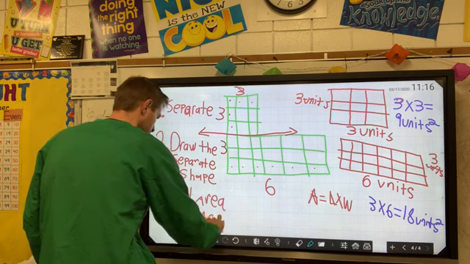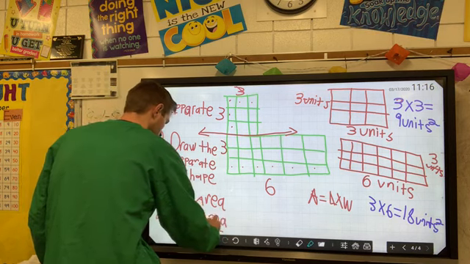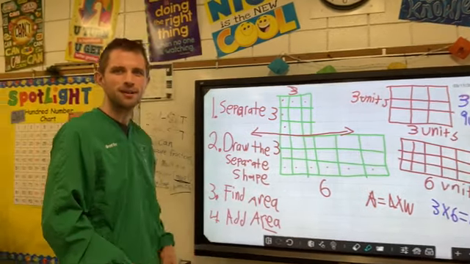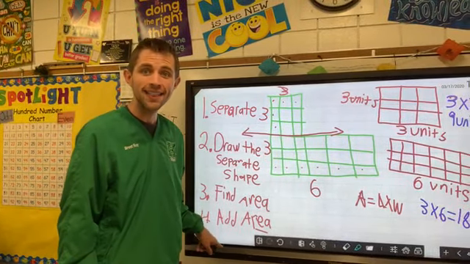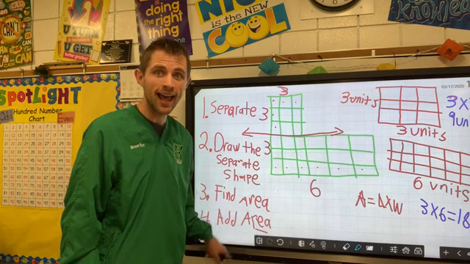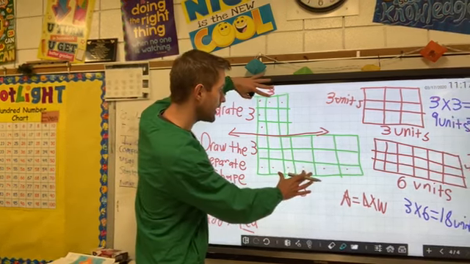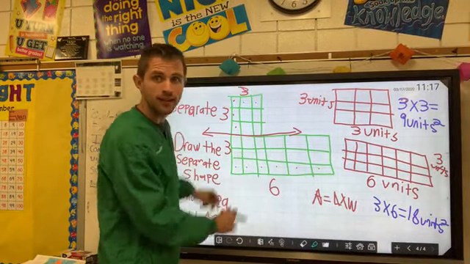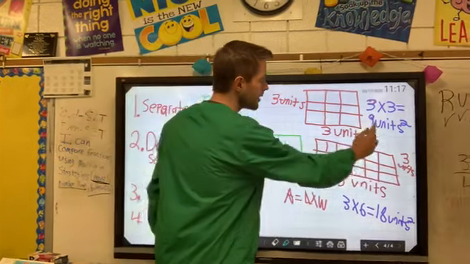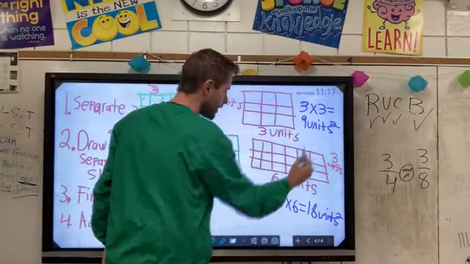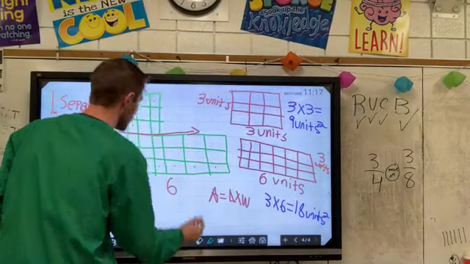Can you see that? Oh yeah, you can. Step 4, add the areas. So now we're going to add them so that we can find the combined area of this rectilinear figure. So I've got 9 units squared and 18 units squared.